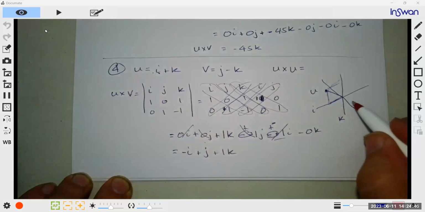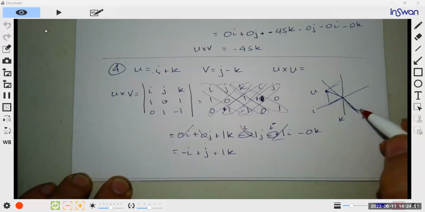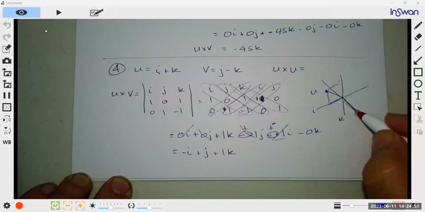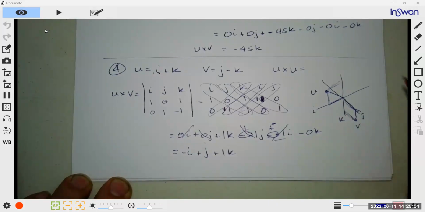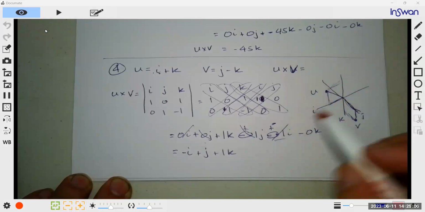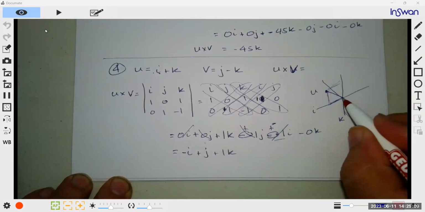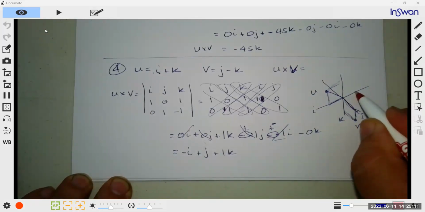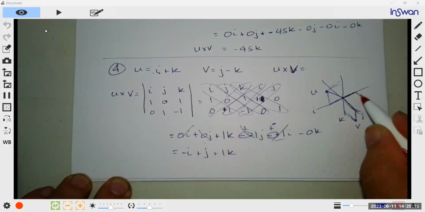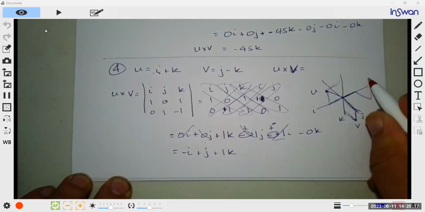V is positive j and a negative k. So it goes somewhere down here. Now u cross v is negative I, positive j, and positive k.